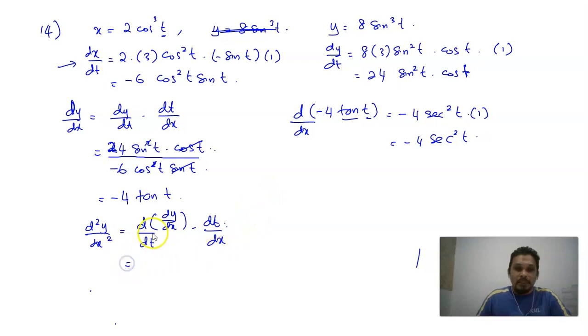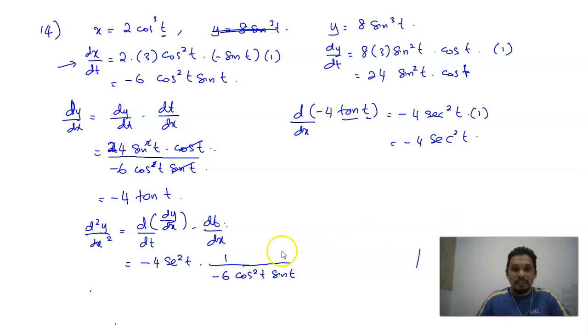Now the derivative of dy/dx with respect to t is negative 4 secant squared t, and dt/dx is 1 over negative 6 cos squared t sine t.